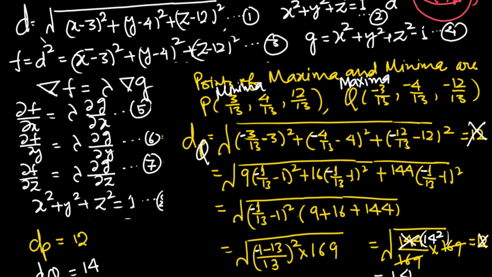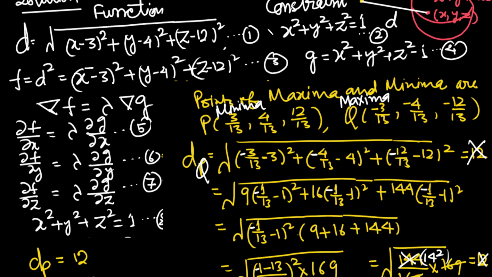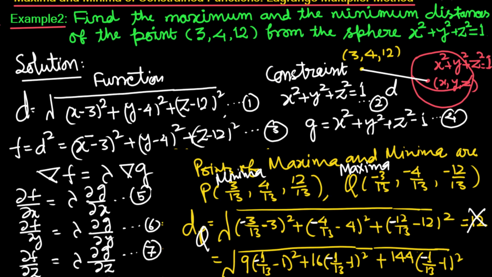Remember that we have to find the maximum and minimum distance of the point 3, 4, 12 from the sphere. The maximum distance occurs at a point Q lying on the sphere, with coordinates minus 3 by 13, minus 4 by 13, minus 12 by 13.